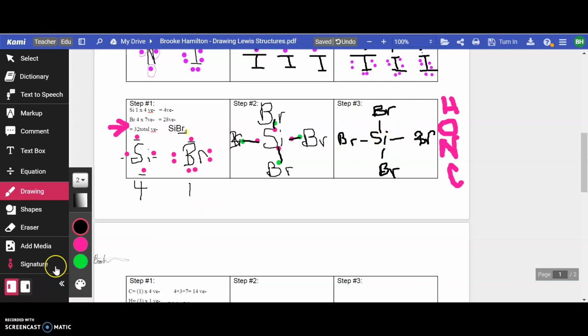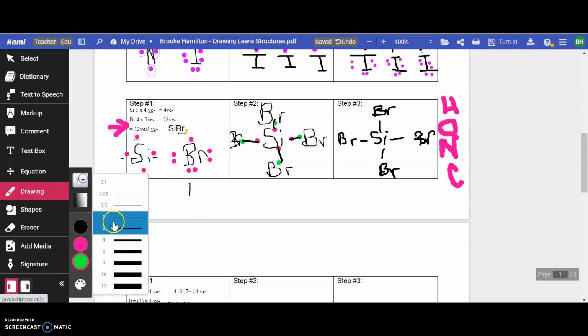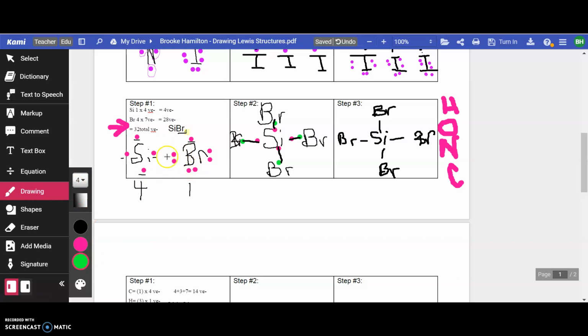So silicon's happy. Bromine has 1, 2, 3 lone pairs. So over here, we're going to have to do 1, 2, 3 lone pairs. And each lone pair is 2 electrons. So there are 6 unshared electrons for bromine.